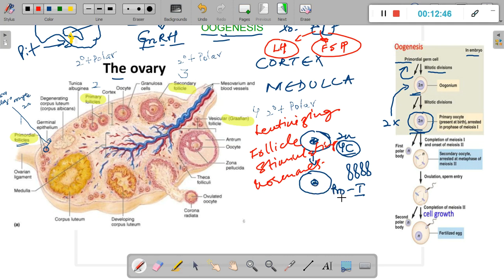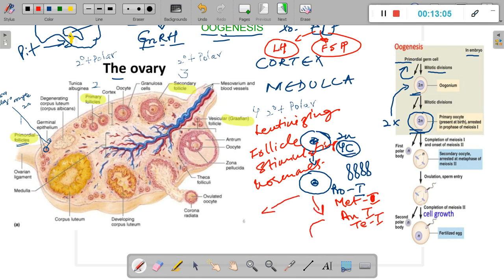Now this primary oocyte undergoes metaphase 1, anaphase 1, and telophase 1. Meiosis 1 is completed, and at the end of the first meiotic events, two cells are generated.